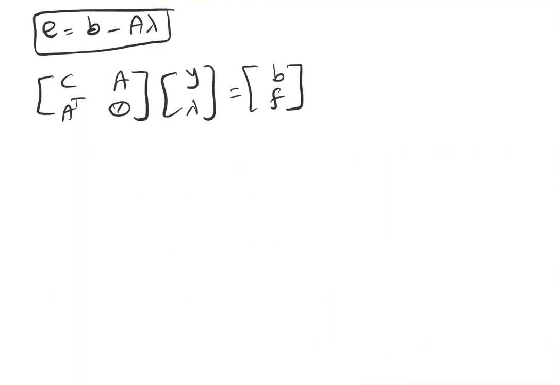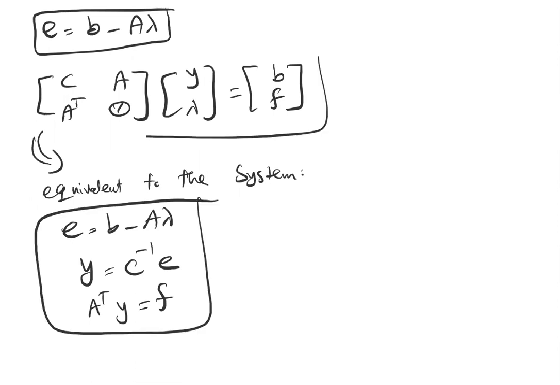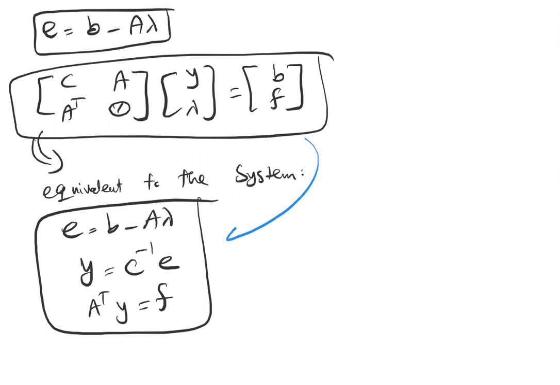So if we assume that definition, this is equivalent to the system E is B minus A lambda, Y is C inverse E, and A transpose Y is equal to F. So these two are equivalent. And the second one is called equilibrium equations and defined by the strand.